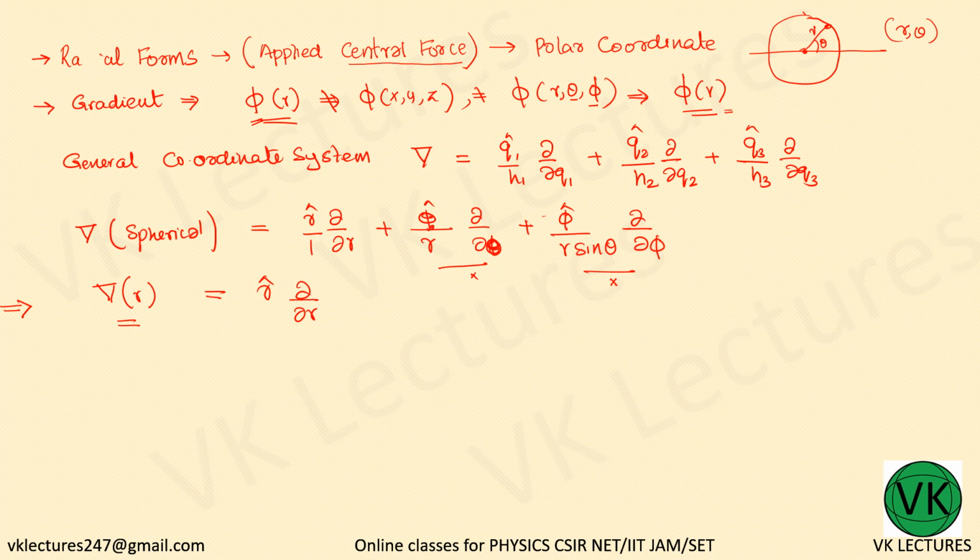Only the first term, with respect to r, remains. So the gradient of phi of r is r cap dou by dou r of phi of r.